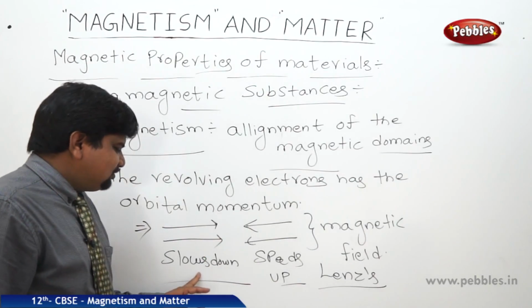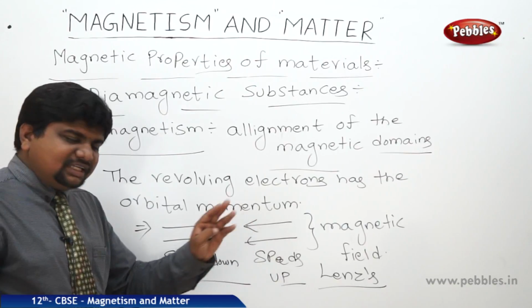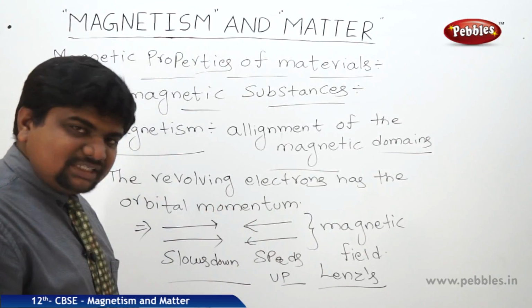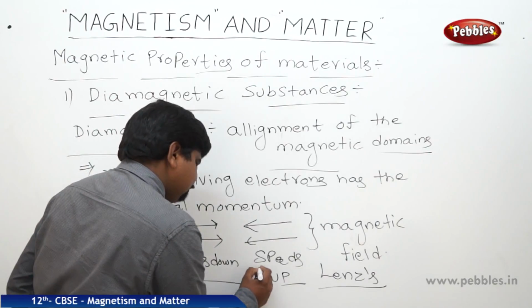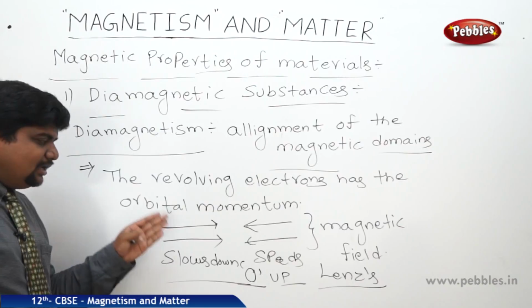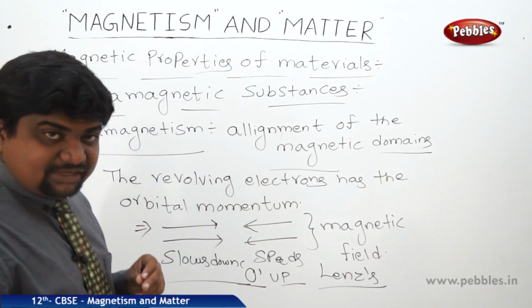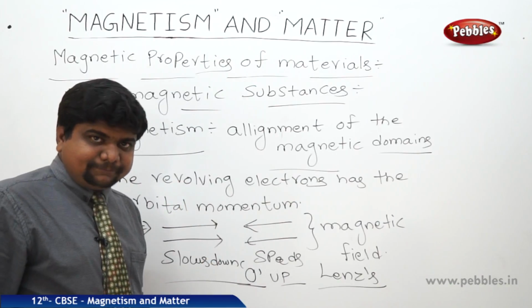So the electrons moving in the same direction slow down, and in the opposite direction speed up. Because of that, the net magnetic momentum will be 0. That's why these diamagnetic substances expel the magnetic field. They won't be attracted by the applied magnetic fields.